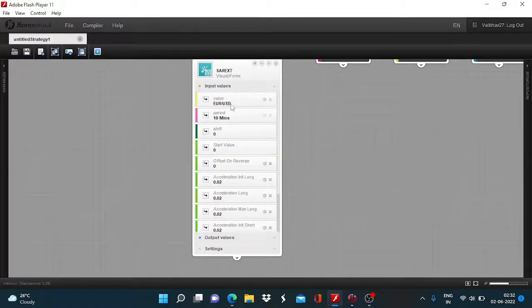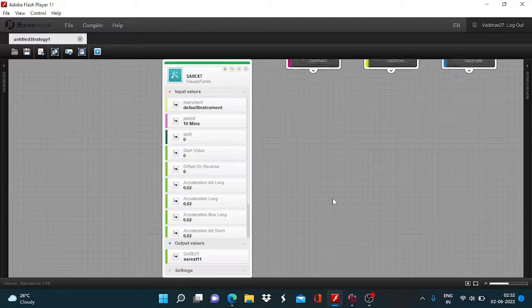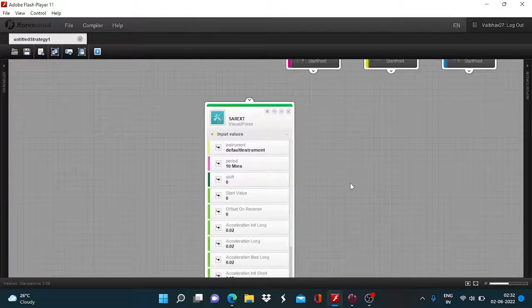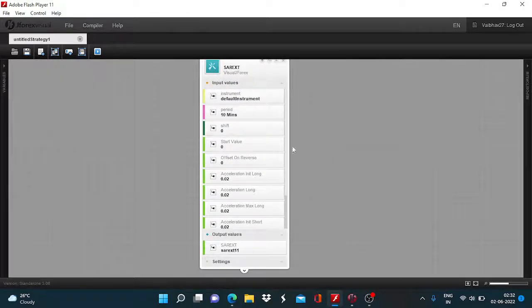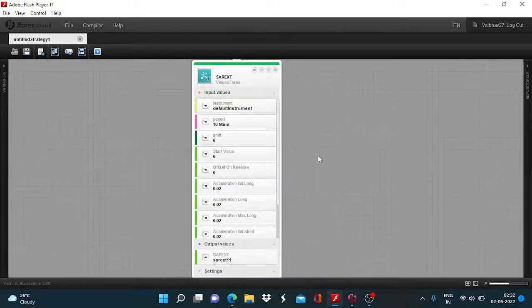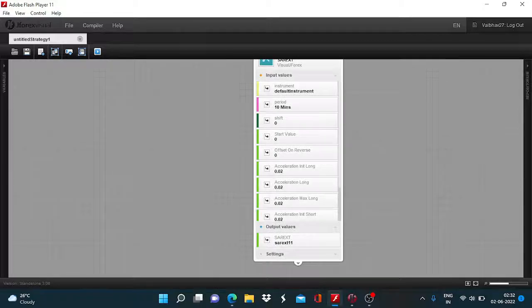And we have a lot more input values to define to get the desired output value. In this session, we will not be going into the explanatory aspects of this indicator. We will be more concerned with the functional aspects of it.